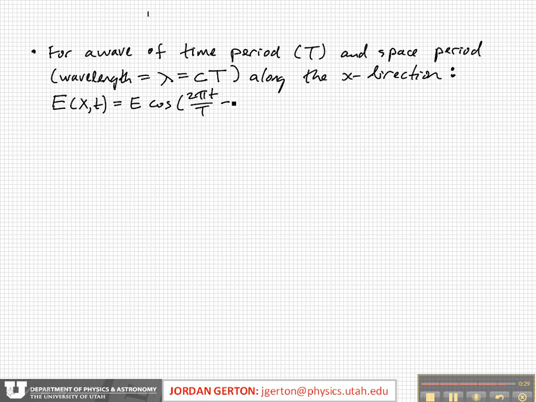Remember, the electromagnetic wave is periodic in both time and space. So there's the time part. Here's the spatial part. It's the time divided by the period, and the spatial coordinate divided by the spatial period, or the wavelength. And so if we take the first derivative of this, let's just do the simple calculus.